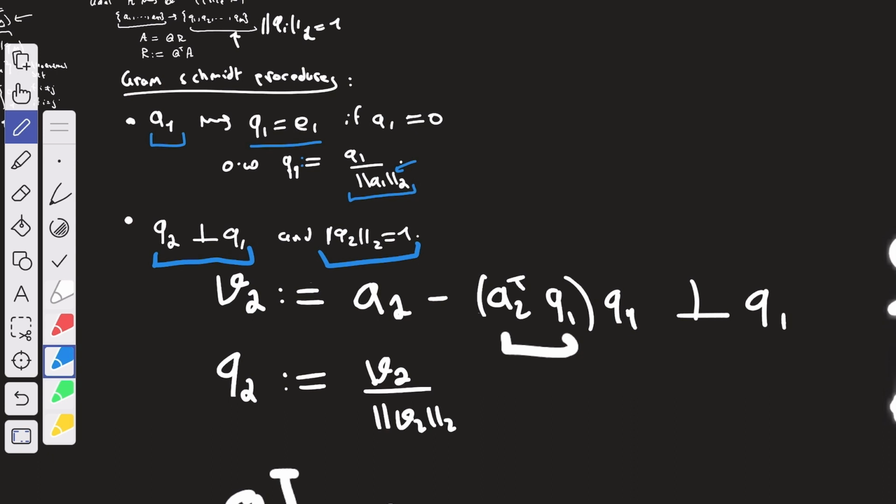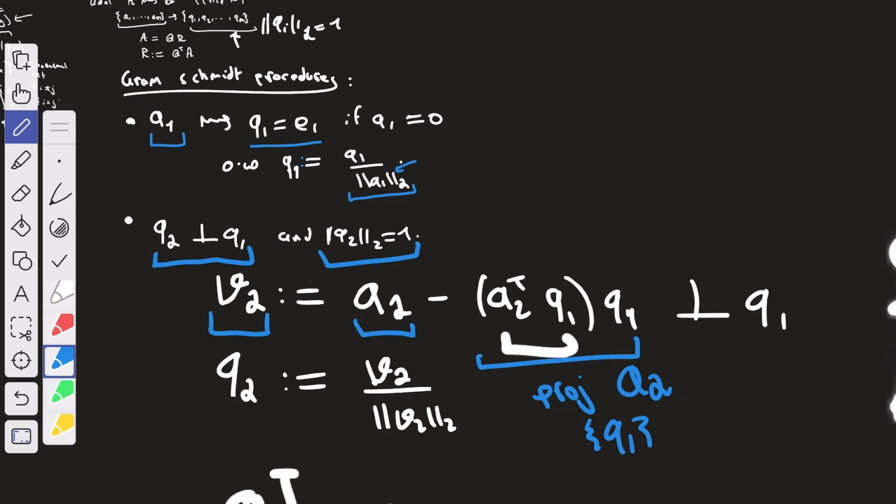So how can we do that? The idea is that we start by defining a vector v2. And this vector is going to be the new vector, in this case a2, minus the projection of a2 onto the space spanned by q1.